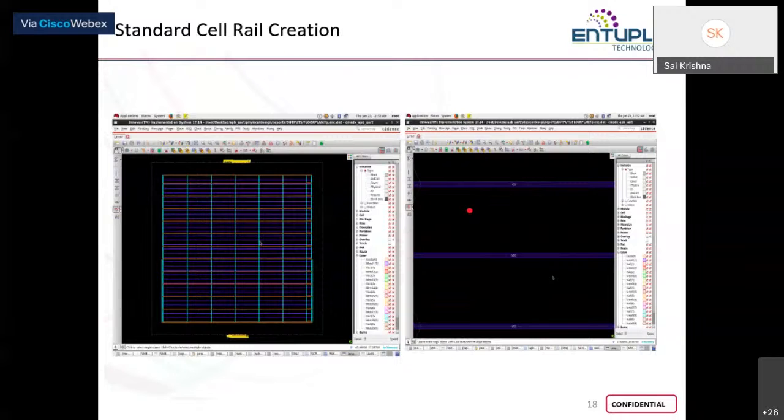Also, for your information, every standard cell, no matter what design it is or what gate it is, depending on the technology node, will have the exact same height. The height of every standard cell present in a given library will be exactly the same. However, the width can vary.